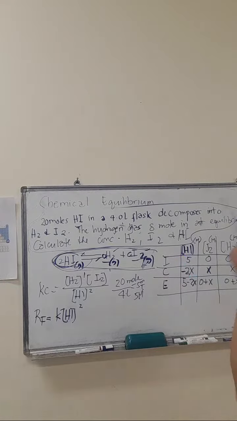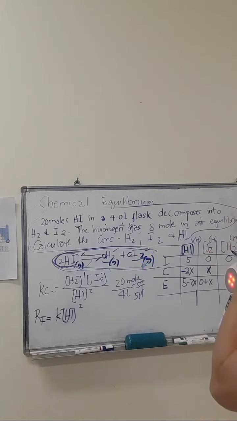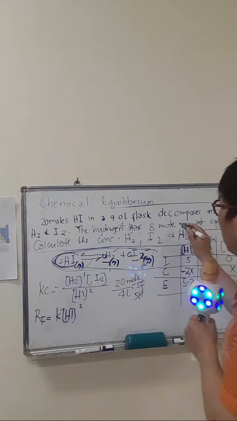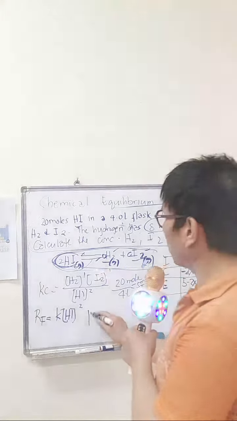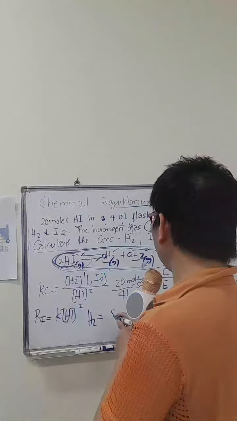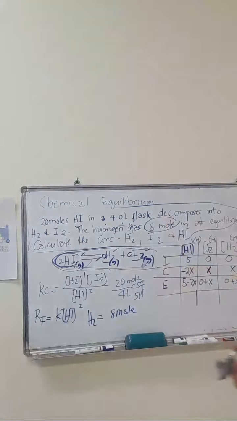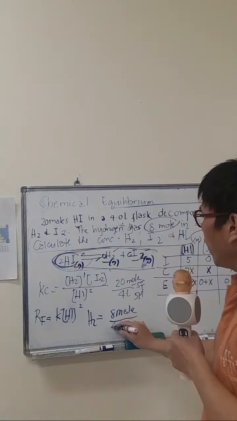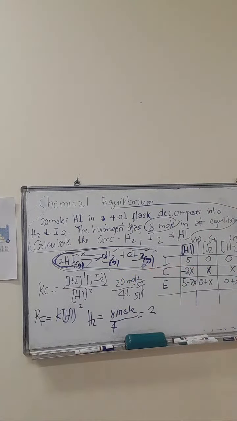So, how can we solve this one? The other condition states that the hydrogen gas is 8 moles at equilibrium. Since we know the flask is 4 liters, we have to divide that also by 4. So, 8 divided by 4 is equal to 2, and this is at equilibrium.